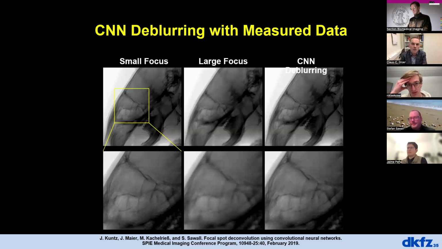So I have a specific question actually following up on what Niklas just asked. So we can stay on this example and then a more generic one. I was wondering how you did the training really on this particular example. The issue that I'm concerned about sometimes is that people use for training two images that are not truly independently derived. You mentioned here that you derived the small focus from the large focus.